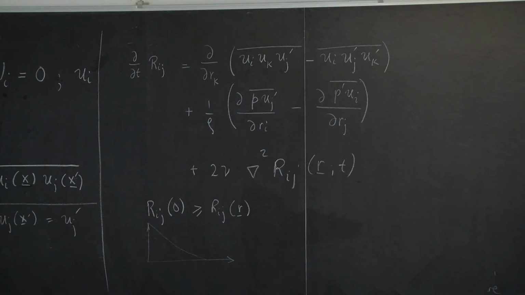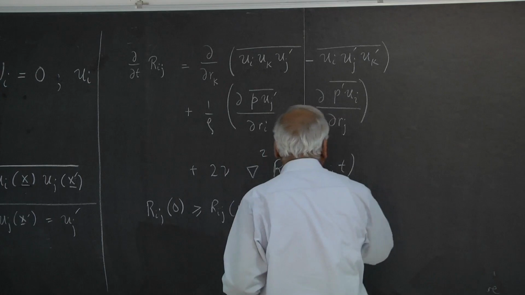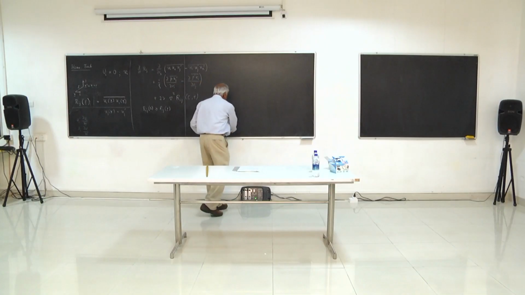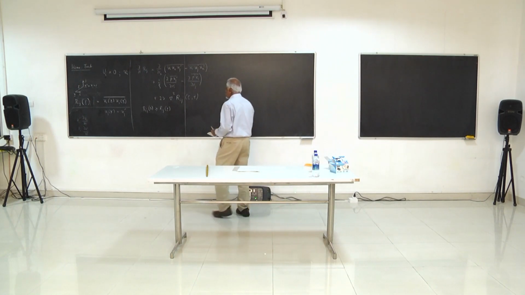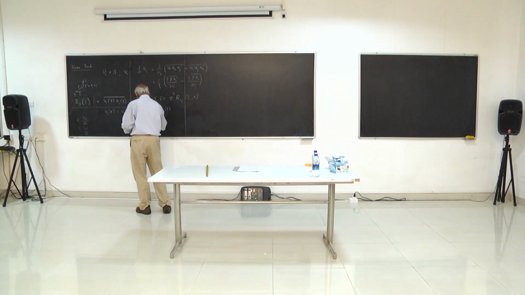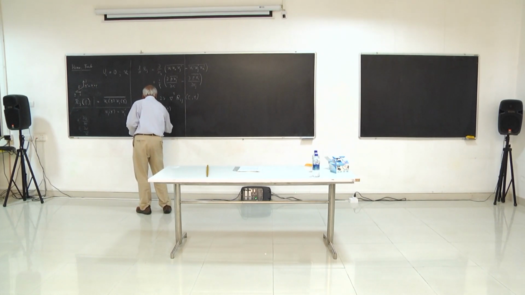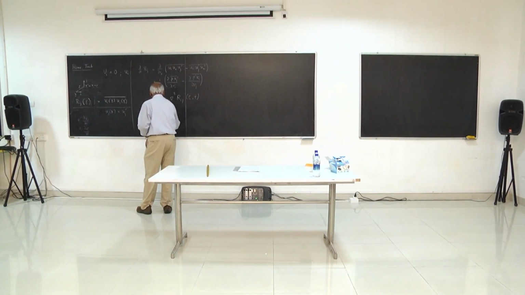And just as we defined Rij, you can define a Fourier transform of that. A Fourier transform you can do whenever this function satisfies some simple properties. So the Fourier transform I can define in this fashion. Take Rij. I will interpret all this for you later on.